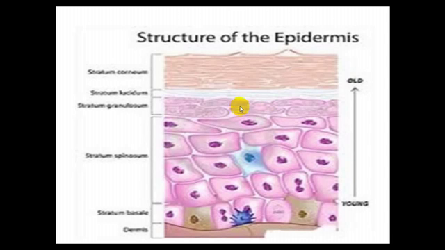The third layer, above the stratum spinosum, is the stratum granulosum, which contains 3 to 5 layers of flattened keratinocytes.